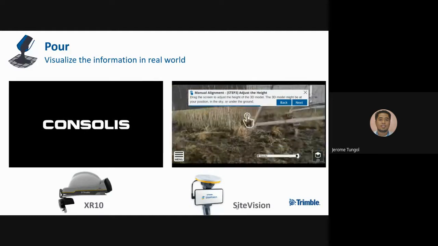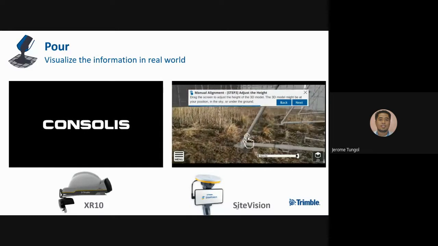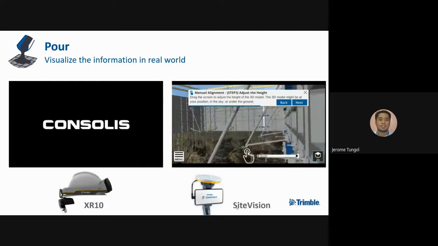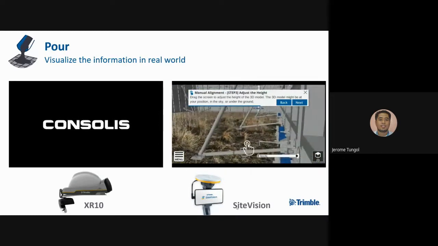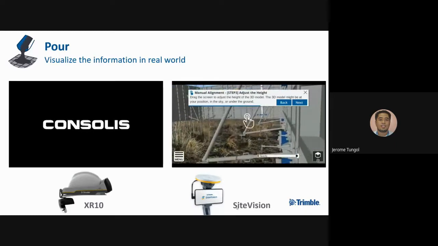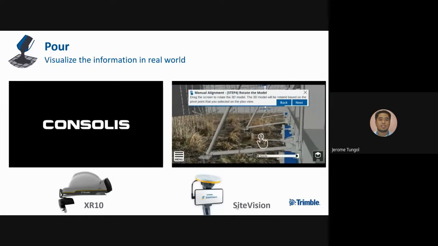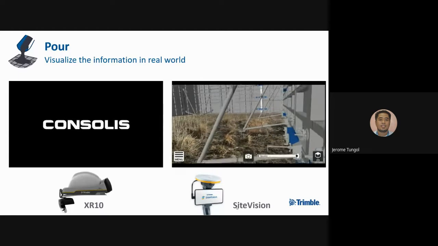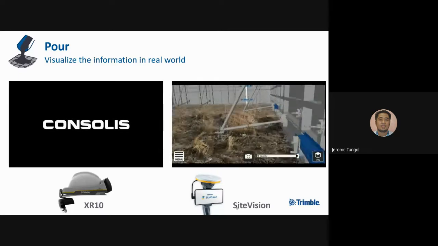As you can see in the video, the site engineer is on the site and projects the model to see if there is an obstruction or hindrances on the site.